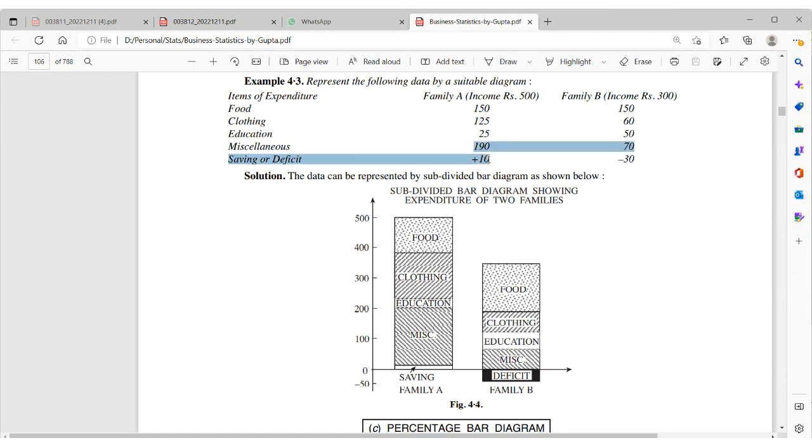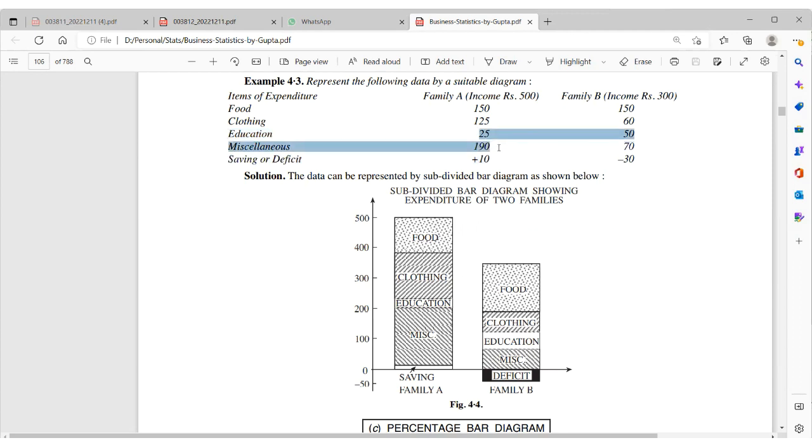Then 200 plus 25, 225. So we make a line at 225. This comes to be education, right? Then 225 plus 125, that is 350. We make a line at 350. This is clothing. And the rest is food.